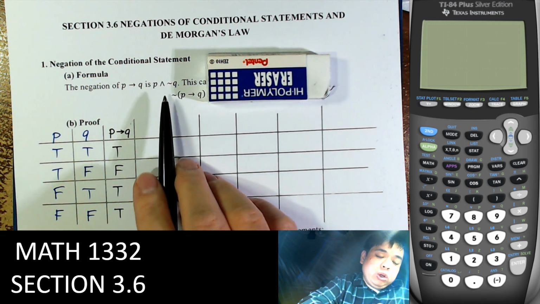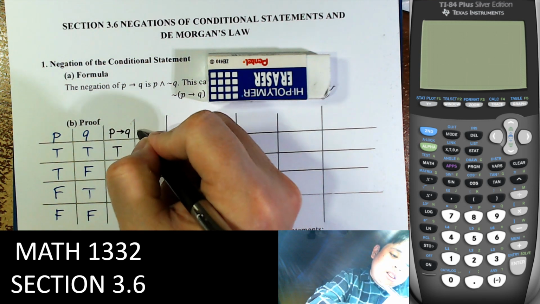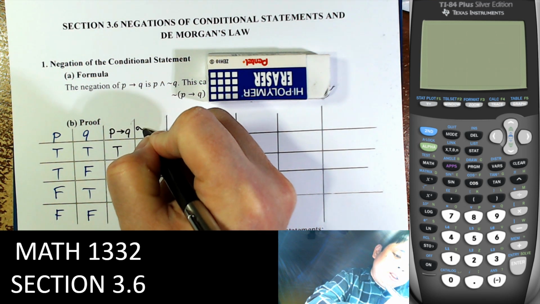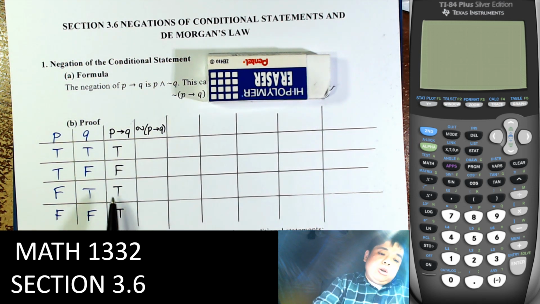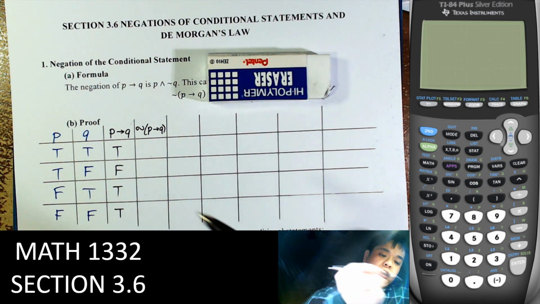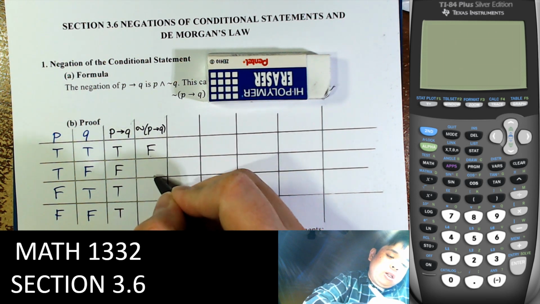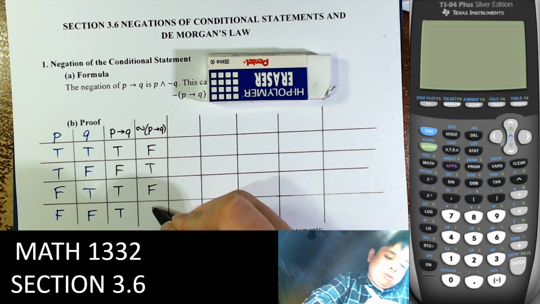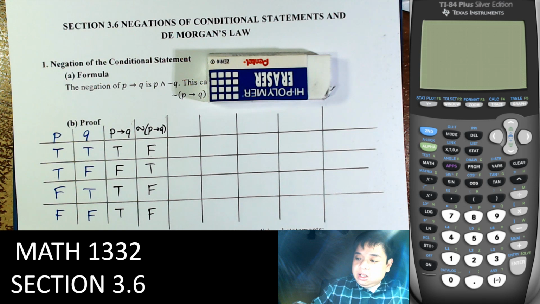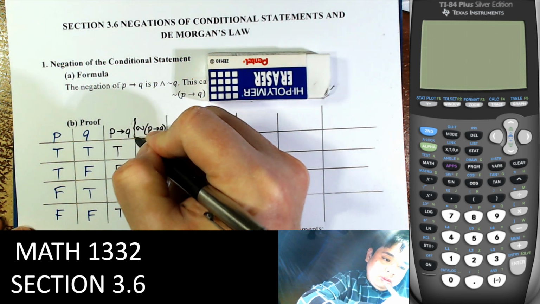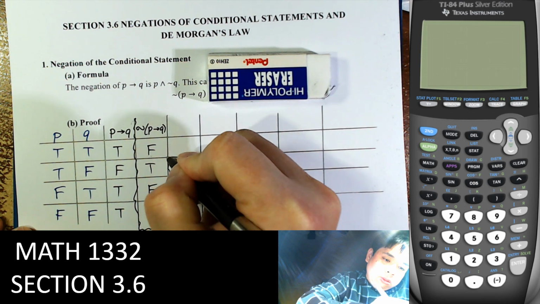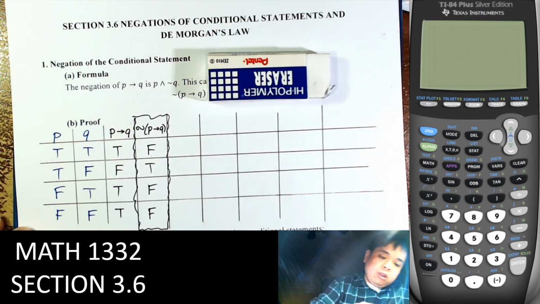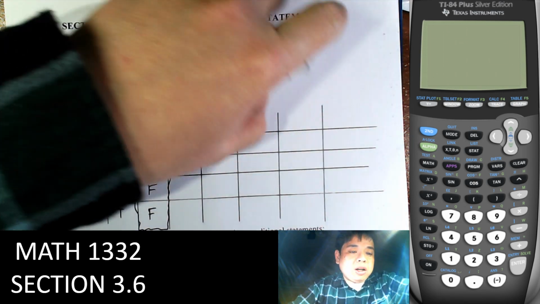And now we're going to negate that. So the true become false and the false become true. So true turns to false, true, false, and false. So we do have the first column, one side.